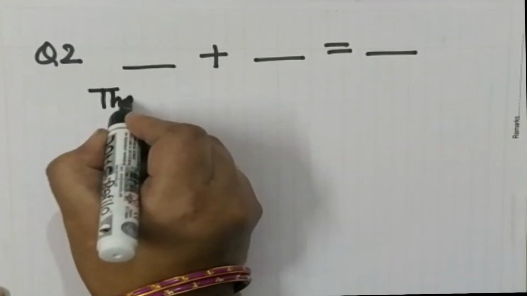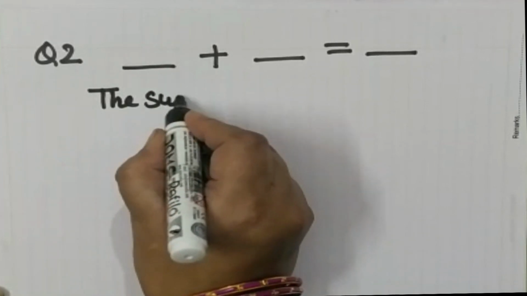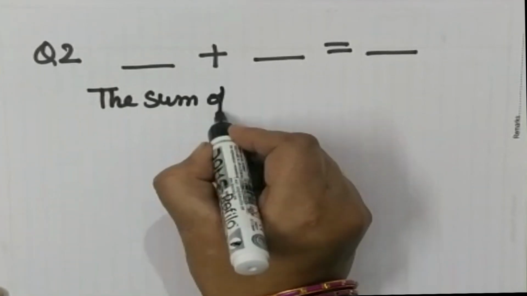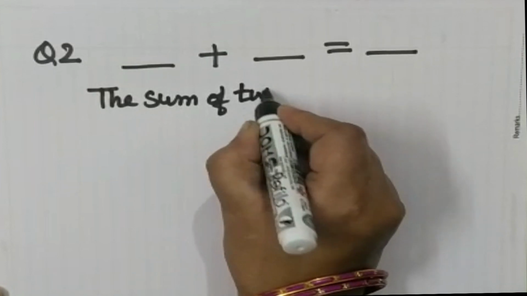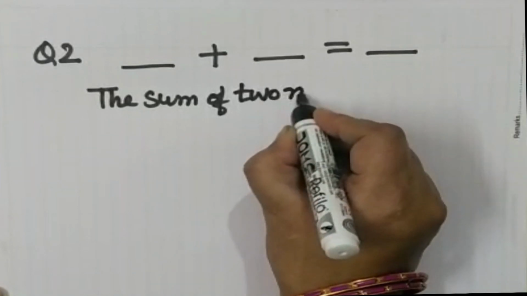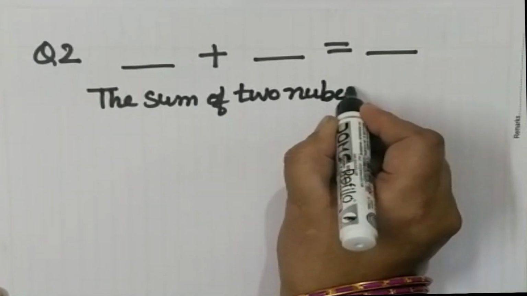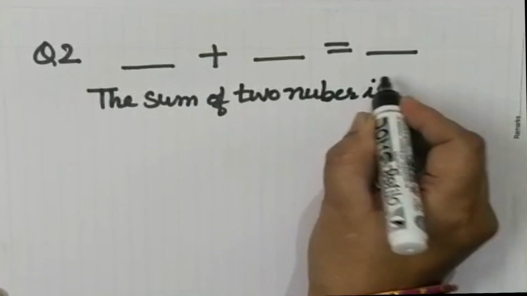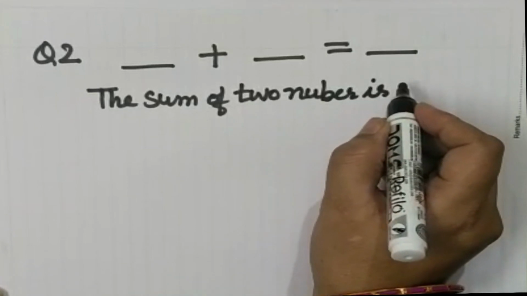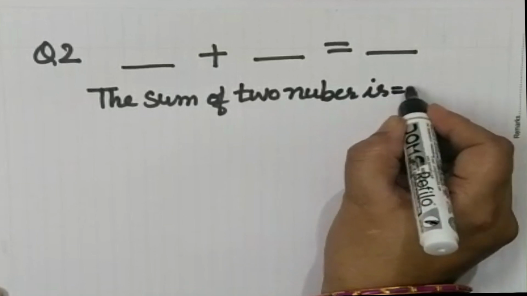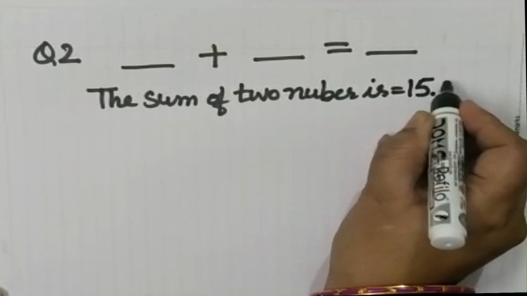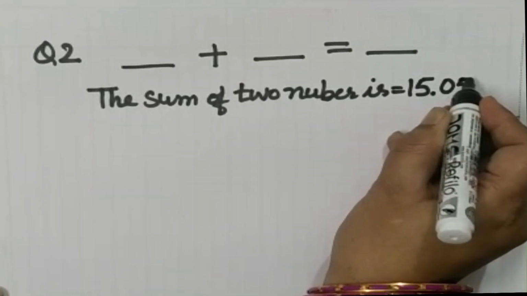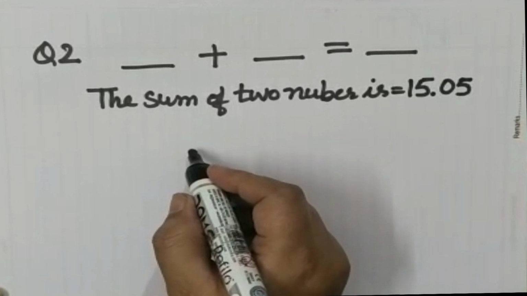The sum of two numbers is 15.05 and one number is given.